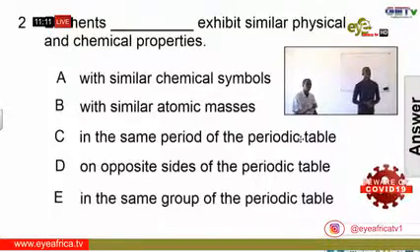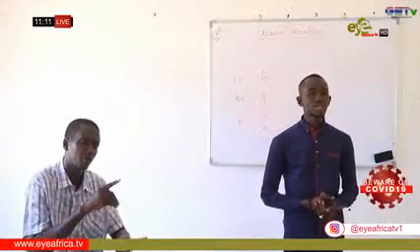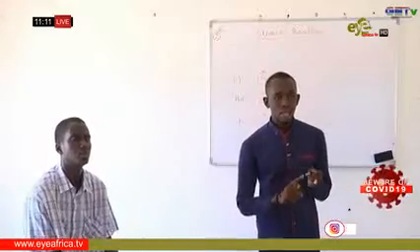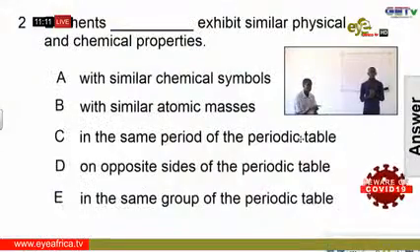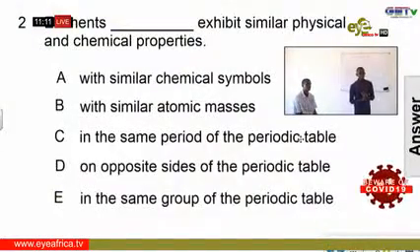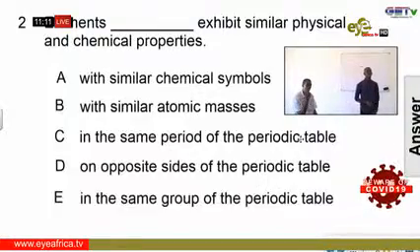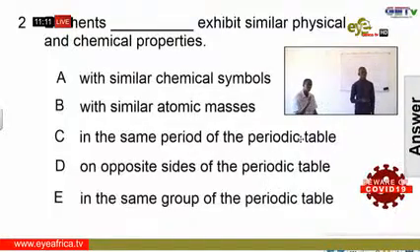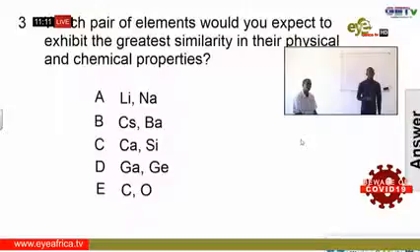When we look at these options, we know that elements that have similar physical and chemical properties must come from the same group of the periodic table, which means letter E is the correct option in number 2.